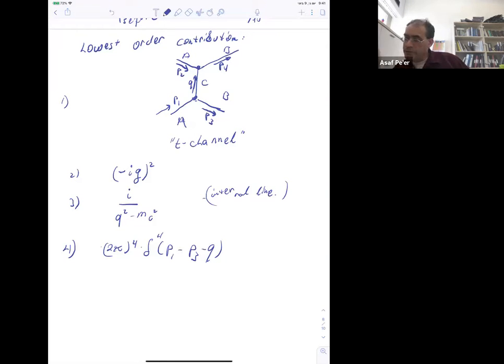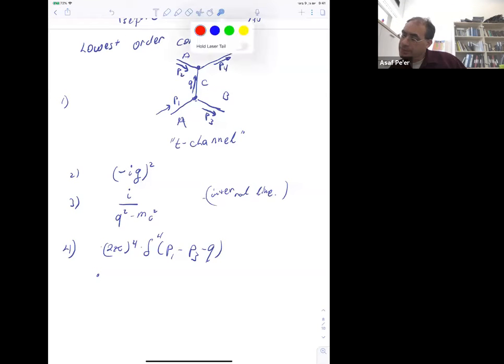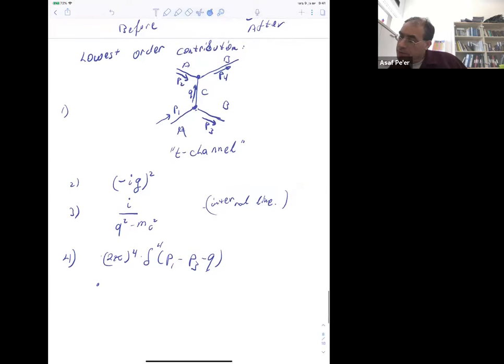And if we look at the upper vertex, what do we get? P2 plus Q minus, incoming arrows to the vertex, right? So to this vertex, we have 2 incoming arrows, P2 and Q, and 1 outgoing, which is P4.